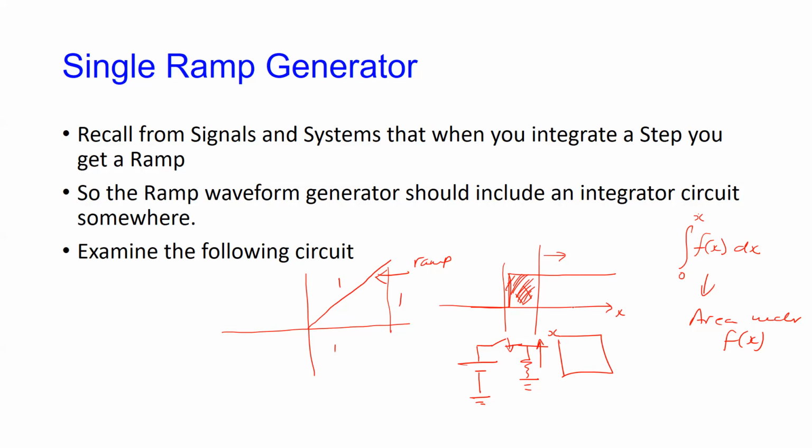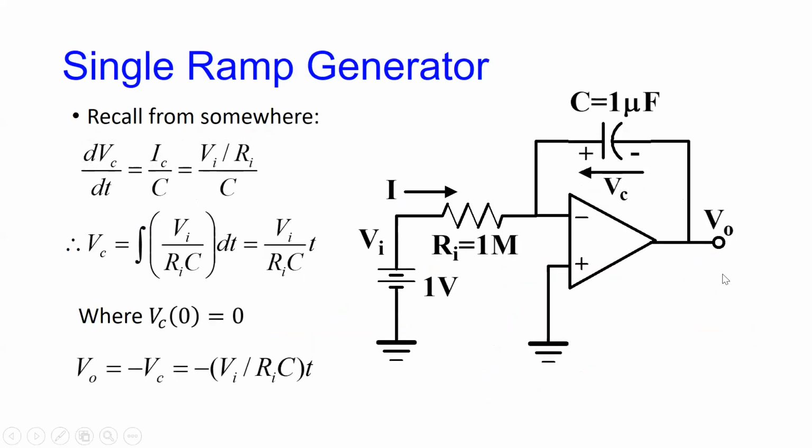And if I have a way of integrating that step, then I could create a ramp. And we know that one of the applications of an op-amp is to create something called an integrator circuit. You create an integrator circuit by taking the normal inverting op-amp and, instead of the feedback resistor, you put a capacitor.